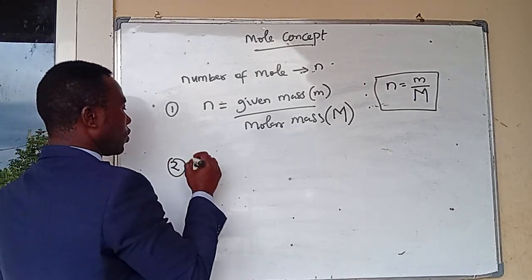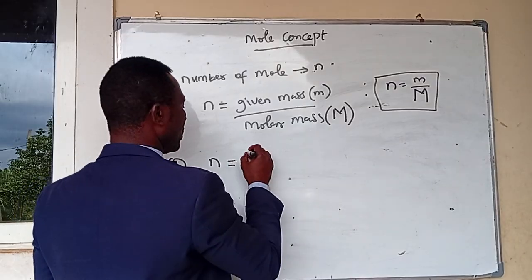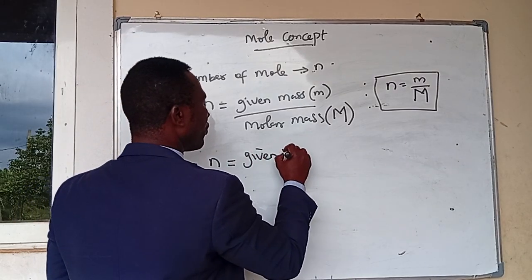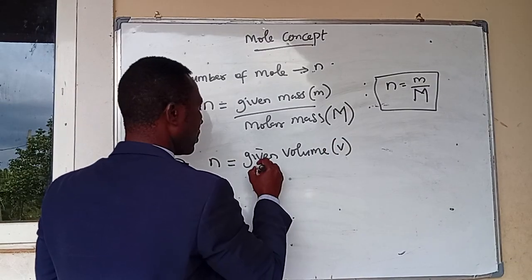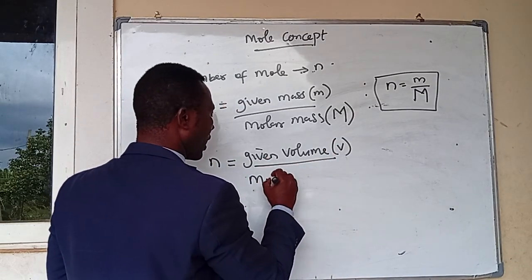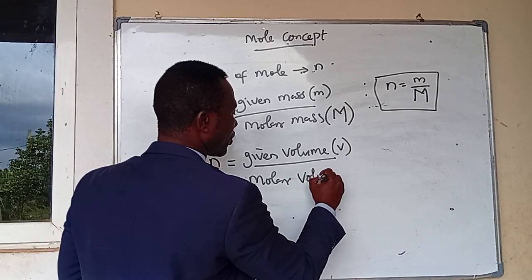Number two, we can also use number of moles is given volume, small v, divided by molar volume.